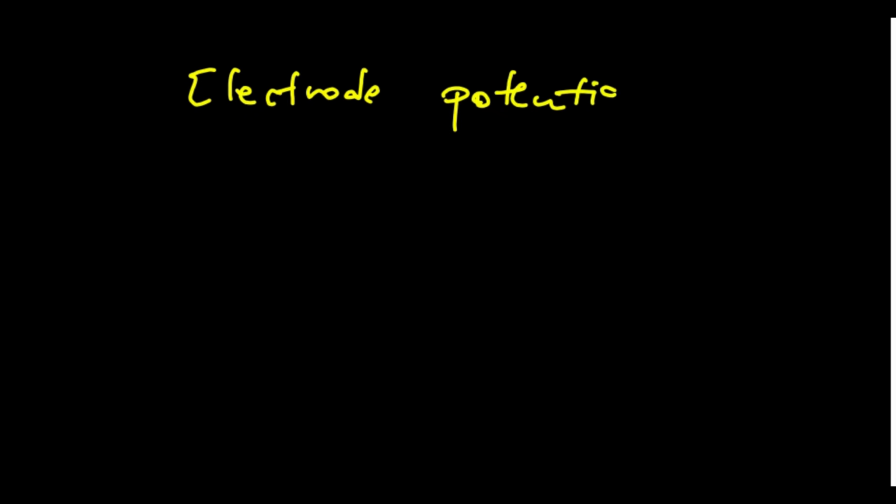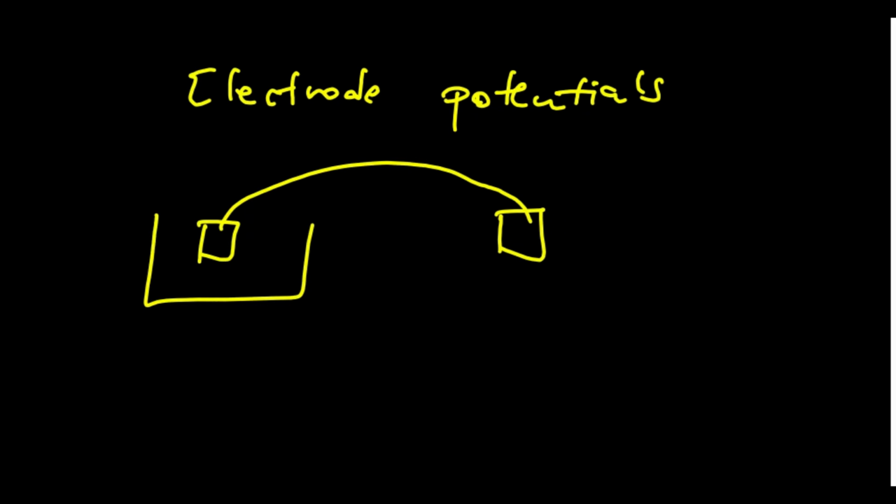So the reduction potentials are also called standard electrode potentials. You've already watched an introductory video that told you the electrodes are the surfaces that tap into the solution, a medium for the transfer of electrons from the wire into the solution.